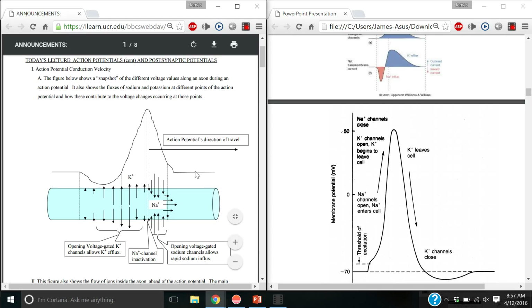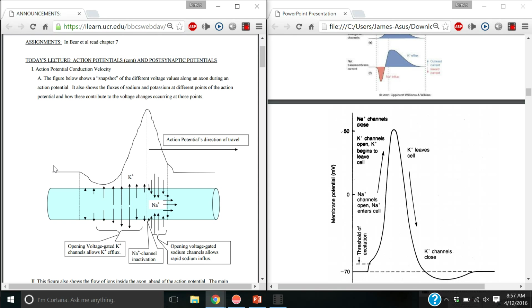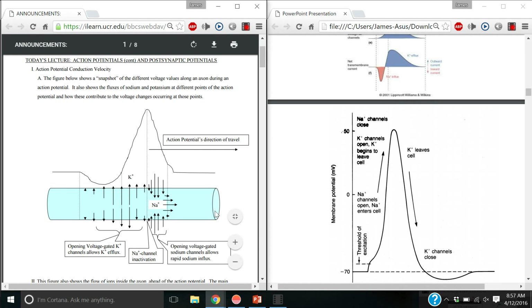Okay, and so this is a single point in time. And here above the axon, I'm representing the voltage change during an action potential. So this would be an action potential that's traveling in this direction, from the axon hillock over here that's not shown toward the presynaptic terminal down here, also not shown.